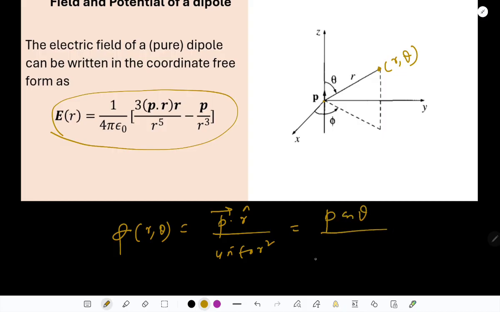You can write like this. This will become P cos theta by 4 pi epsilon naught r square.